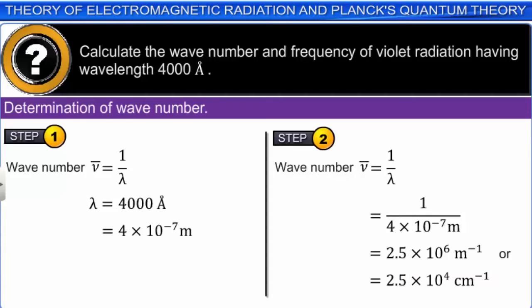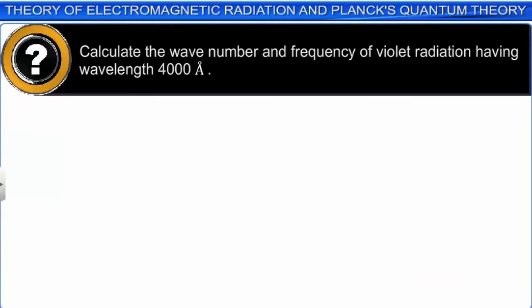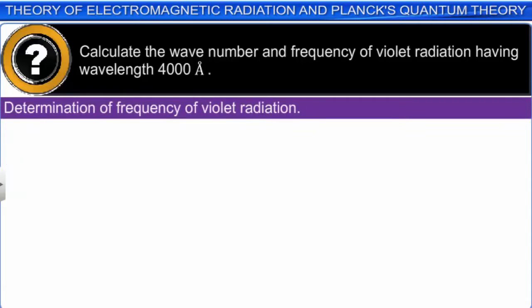Now let us calculate the frequency of violet radiation. The first step involves writing the corresponding formula, nu equal to c divided by lambda.